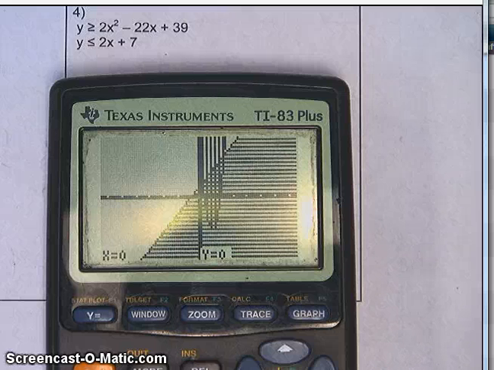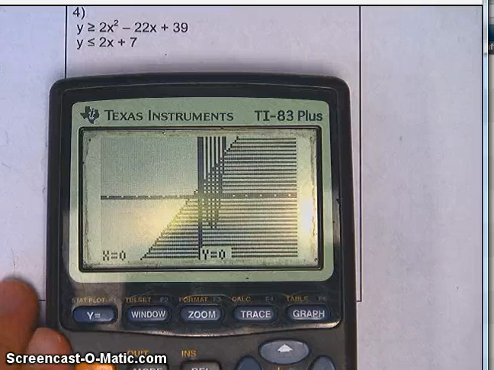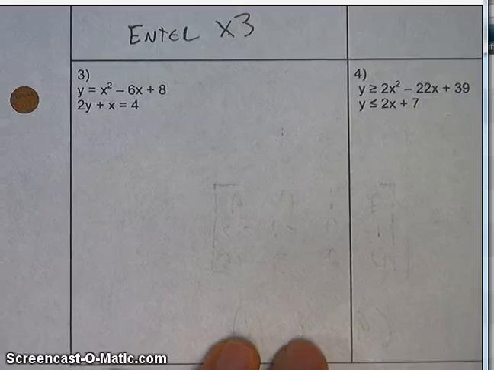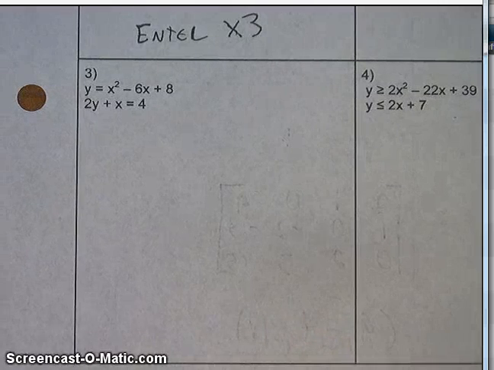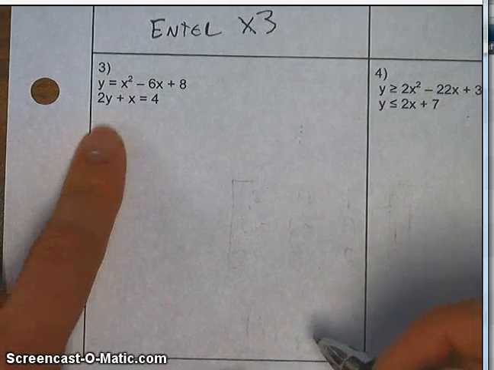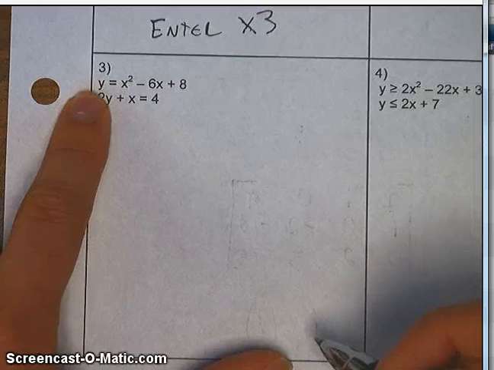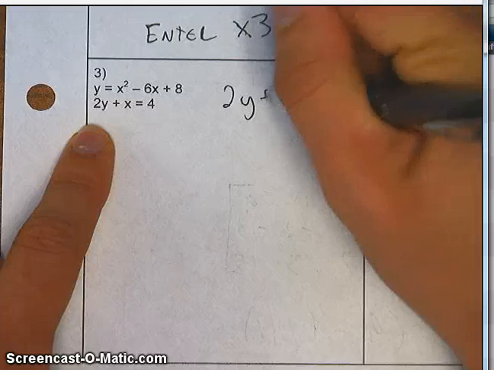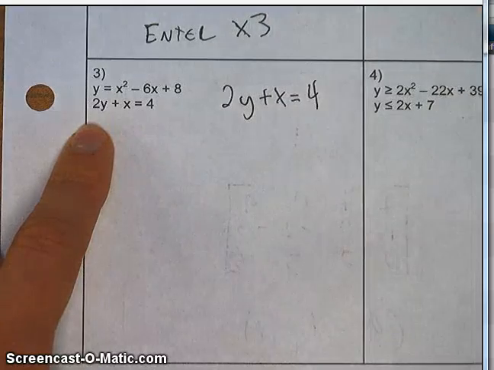There's one little caveat that you might need help on, and it's if you see something like this, we still want to graph it, but we want to solve it for y first. So this one's solved for y, the y is isolated, but on this guy, the 2y plus x equals 4, we want to get the y by itself.